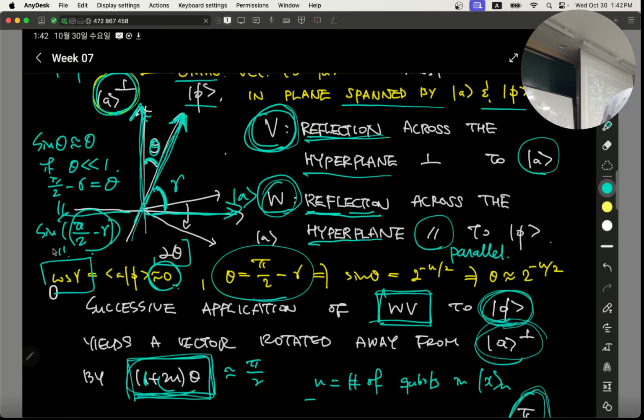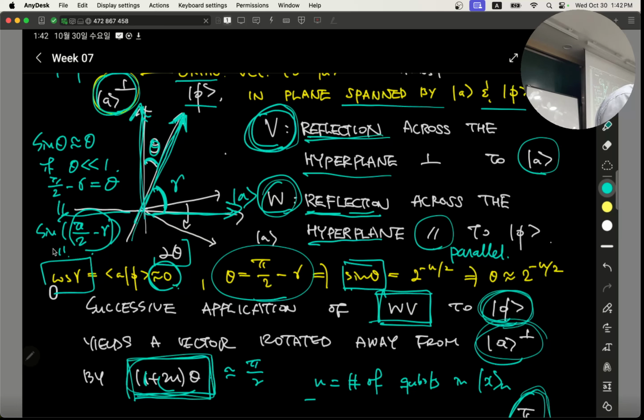So let's take this as our theta, and let's see. If I take the sine theta, all right.